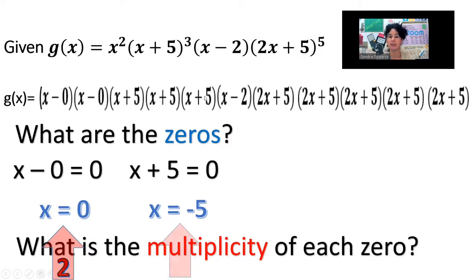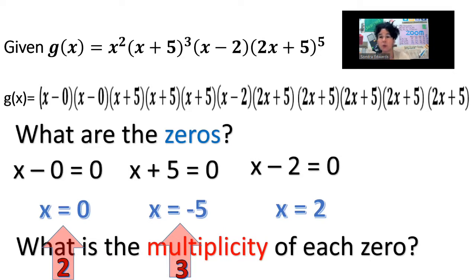So the multiplicity of negative 5 is 3. Okay, next, x minus 2 creates another one of the zeros, which happens at 2. So what is the multiplicity of the 0, 2? Well, x minus 2 only showed up once. It was only a factor one time, so the multiplicity is 1.